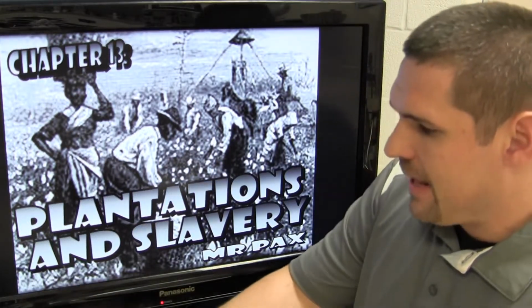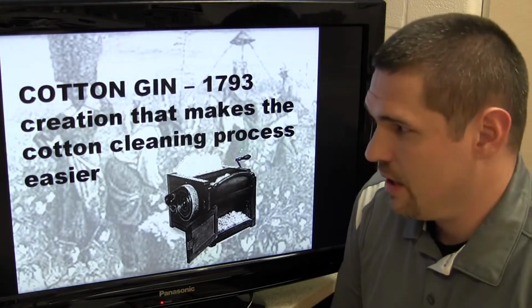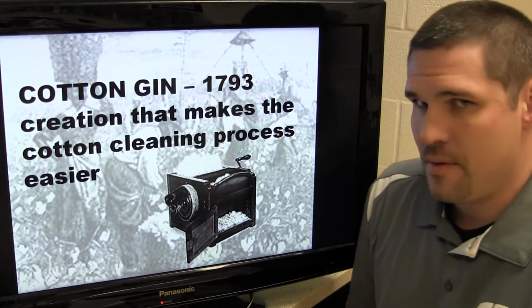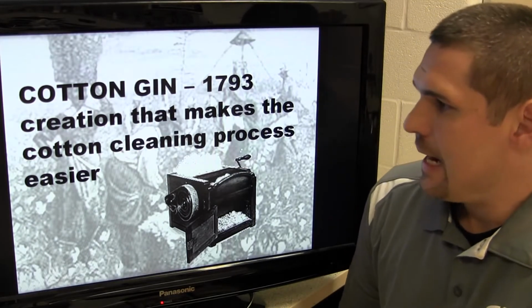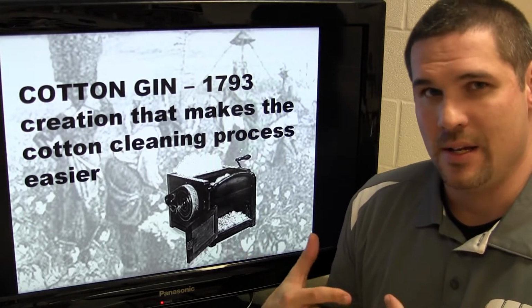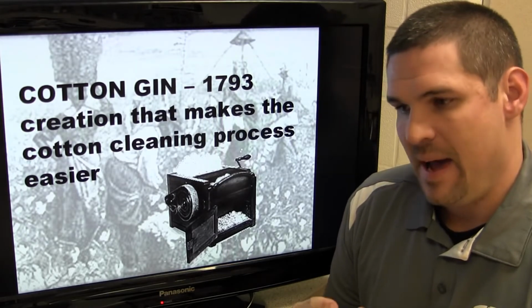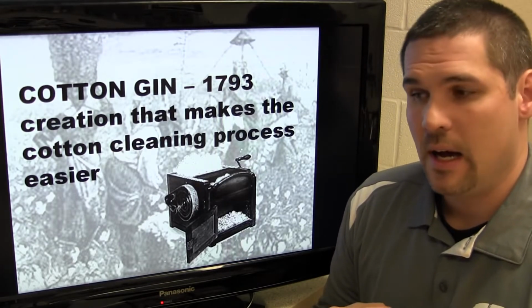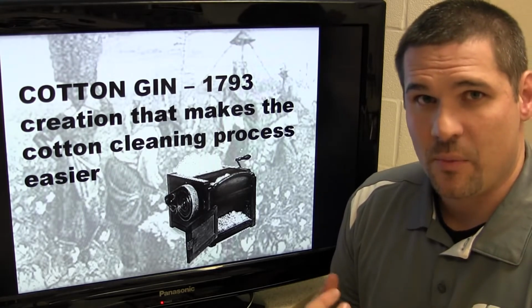All right, but that's all going to change with the invention of the cotton gin. In 1793, a gentleman by the name of Eli Whitney adapted a design of the cotton gin. I wouldn't say he created it. It was the Pakistanis who actually invented the design of the cotton gin to separate seeds from cotton fibers.